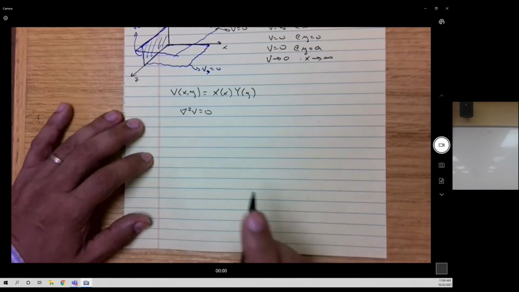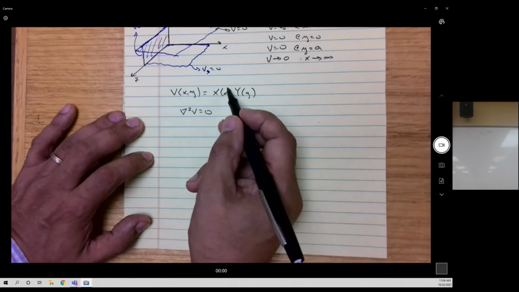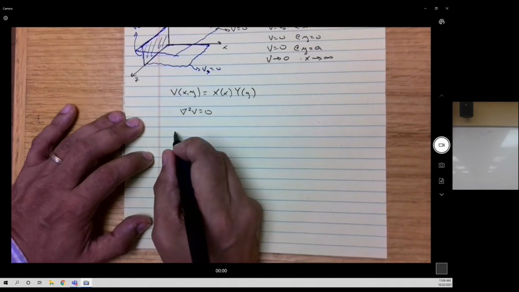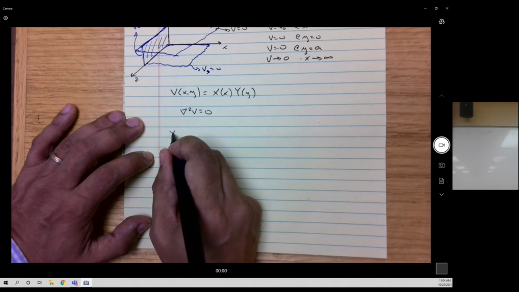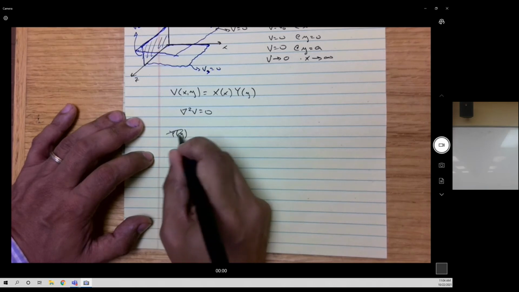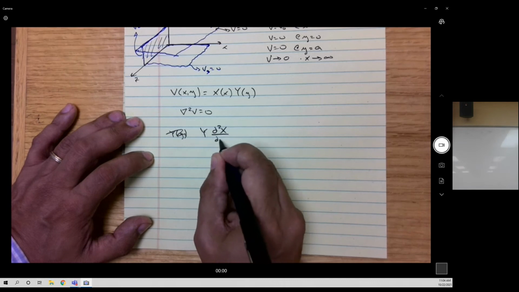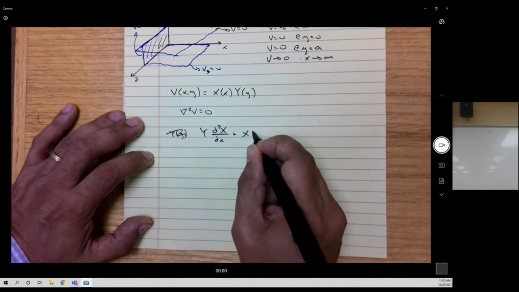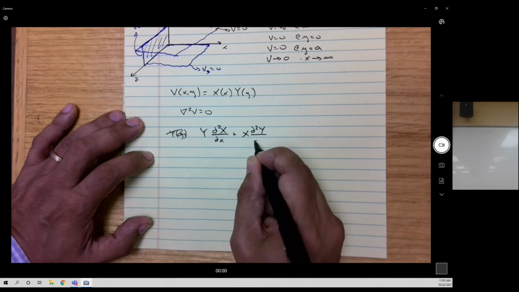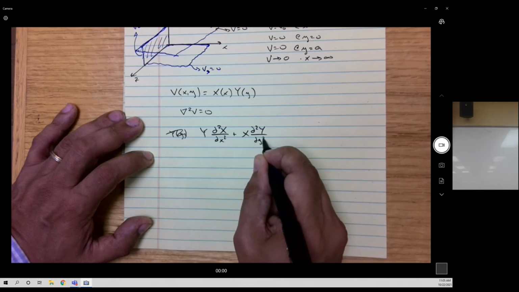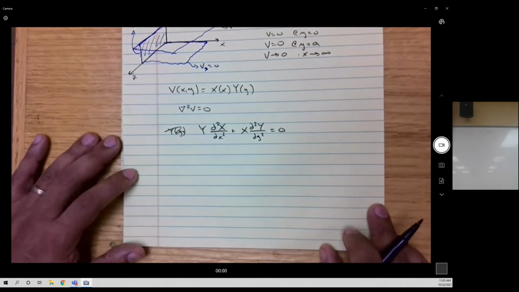Now I'm going to apply this Laplacian to this product, and then I'm going to get Y of d²X/dx² plus X of d²Y/dy² equals 0.